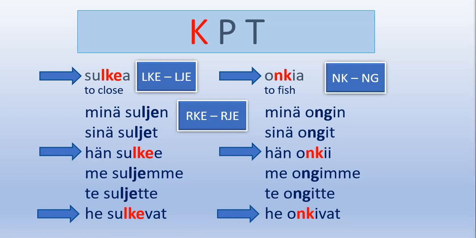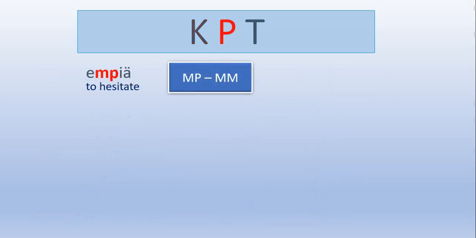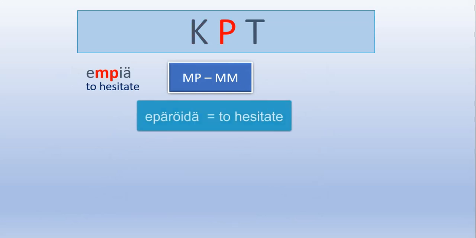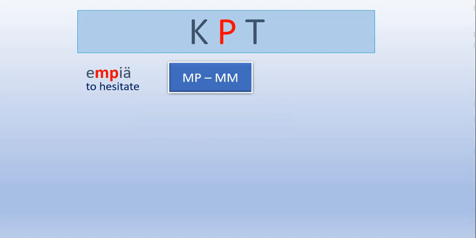Then we'll take a look at what other changes the consonant P has. Here we have the example verb to hesitate, empiä. There is actually another verb for to hesitate, and that is epäröidä, but this one is also used.